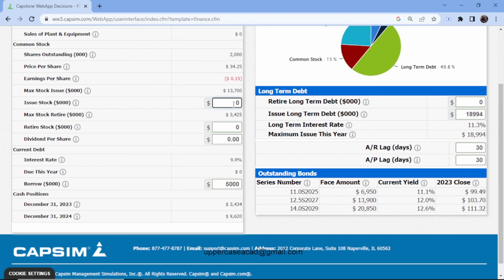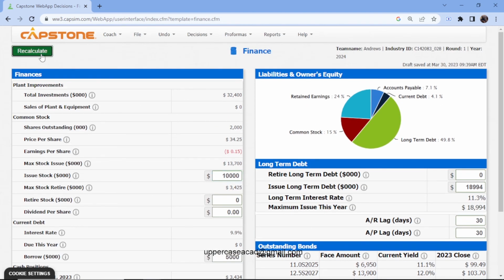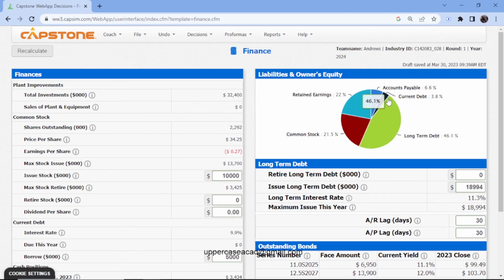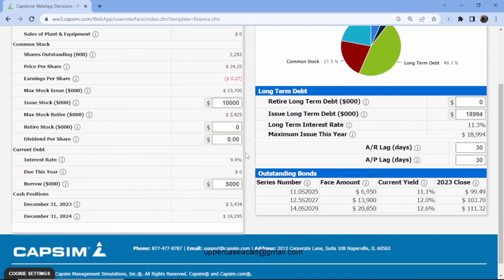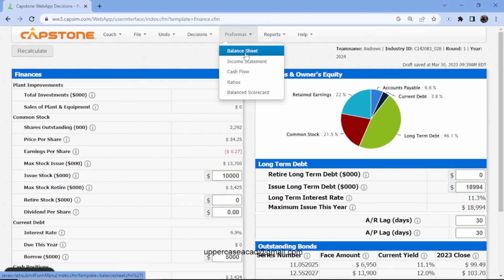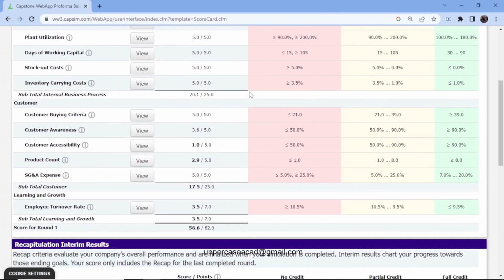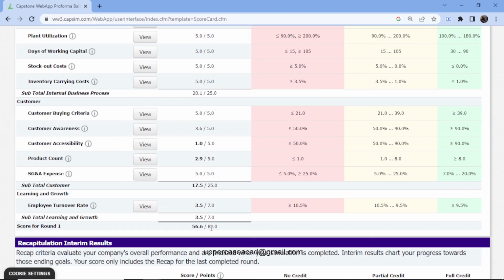Then I'll take 10,000 in terms of stock, so that I can balance my finance. So my cash position in December of the next year is 19,295. So let me check at my balanced scorecard. My balanced scorecard is 56.6.